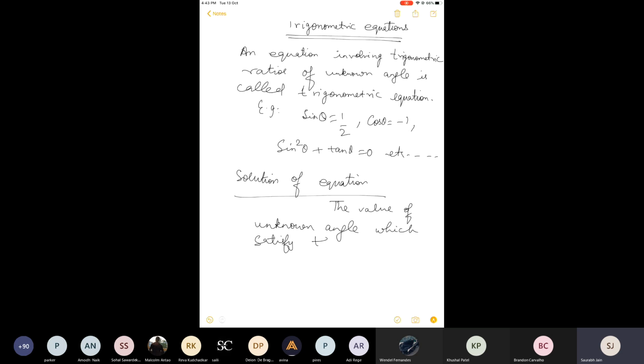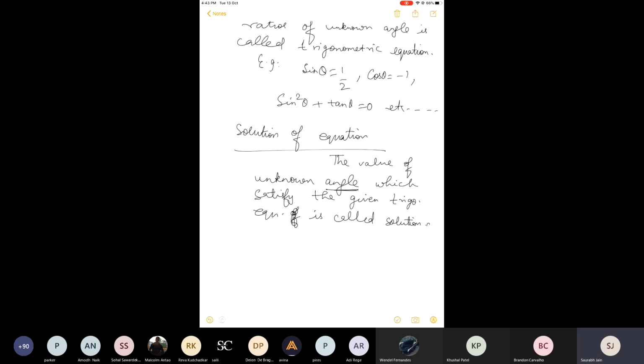Just like we have root in quadratic, here we can say root or solution as well. So the value of the unknown angle which satisfies the given trigonometric equation is called the solution of the equation. We call it solution, we call it root, etc.